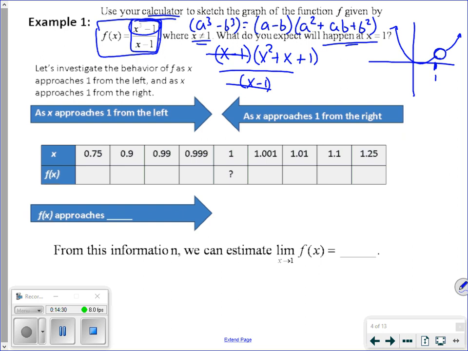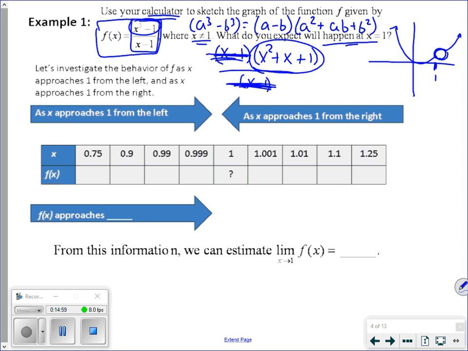And what you may remember from rationals way back when is that whenever you cancel out a value that doesn't exist, something on the bottom of a rational, that value is actually a hole. The value that doesn't exist is either a vertical asymptote or a hole. If it doesn't cancel out, it's a vertical asymptote. But if the factor does cancel out, it's a hole. So really what you're graphing on your calculator is this quadratic just with a hole at 1. So that's kind of where that shape comes from.